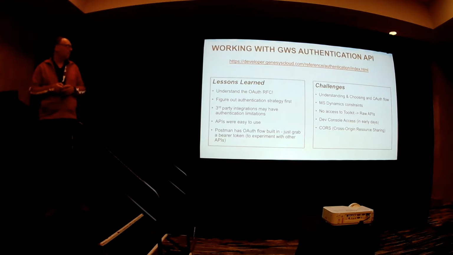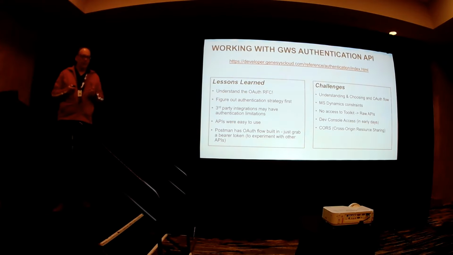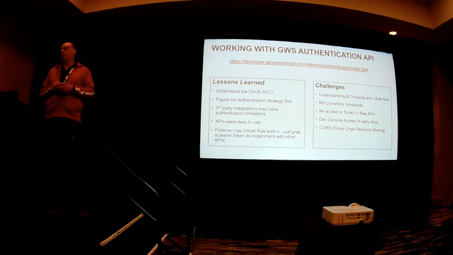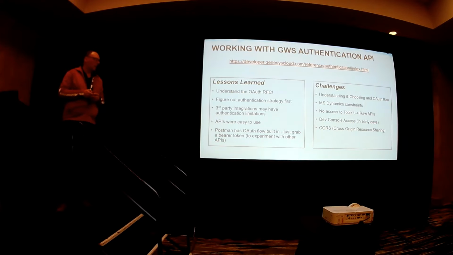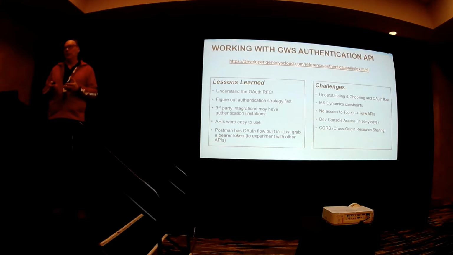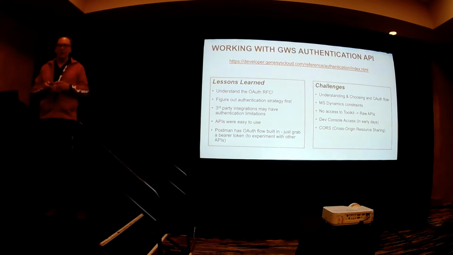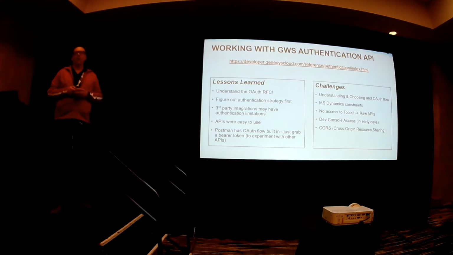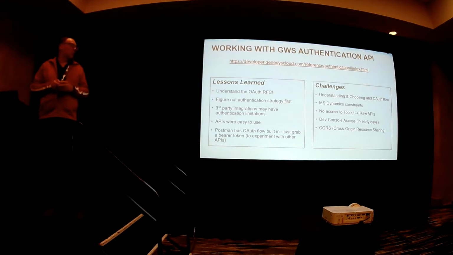The other issue that we had in the very early days is we didn't have access to the dev console. This caused some problems and difficulties in debugging. Specifically, we were starting to run into a lot of CORS issues, so requests coming from one domain not being allowed in another. Without dev console access, it was a little more difficult to debug what was going on.